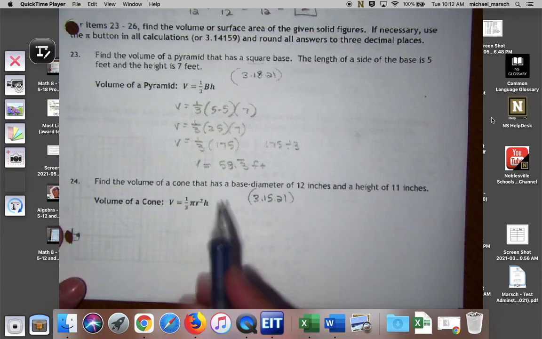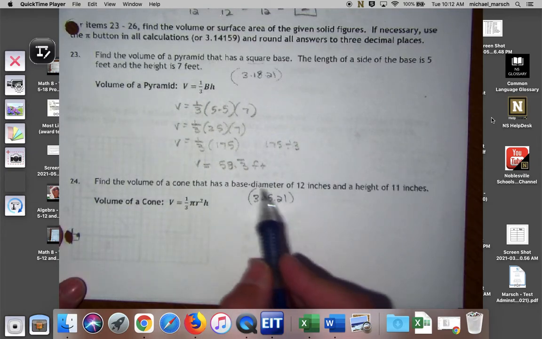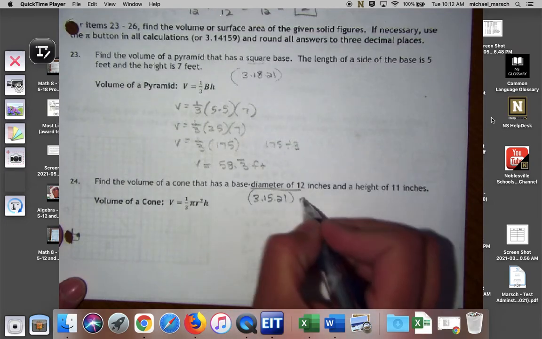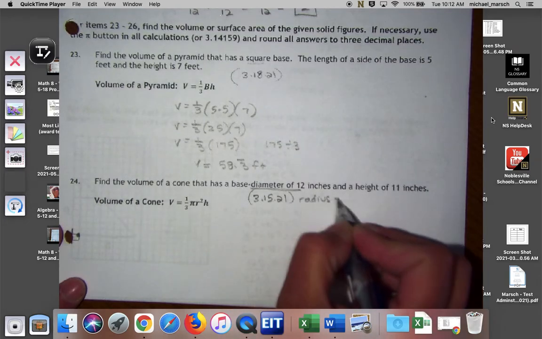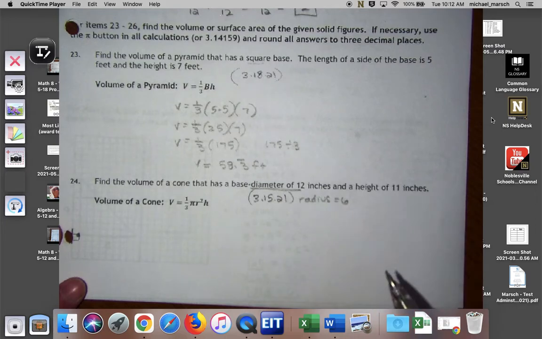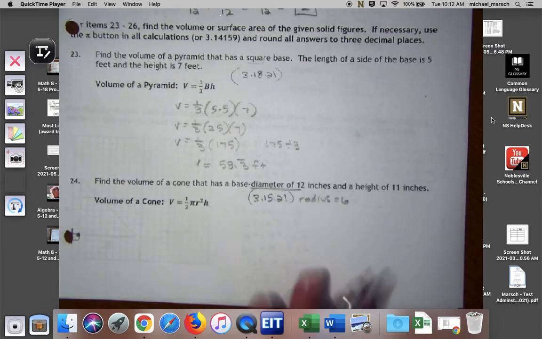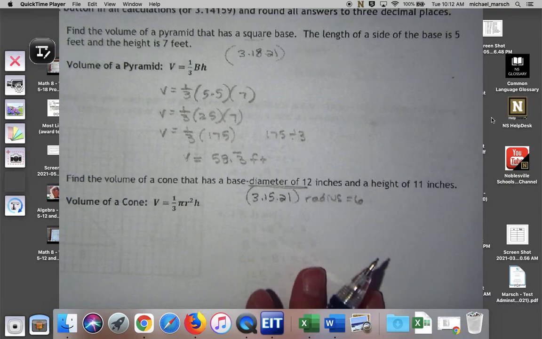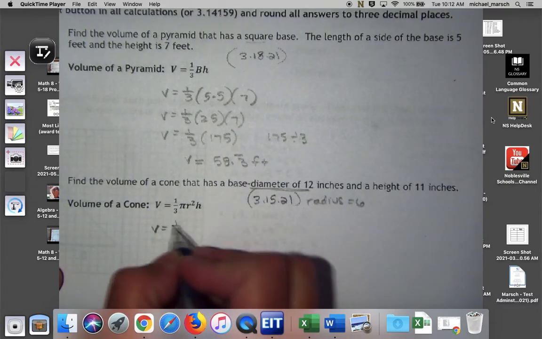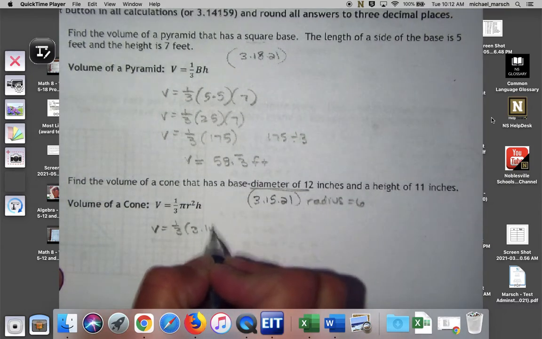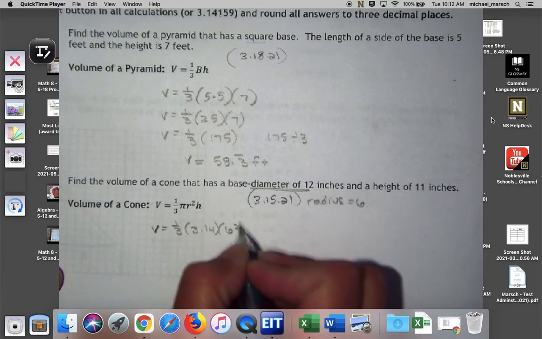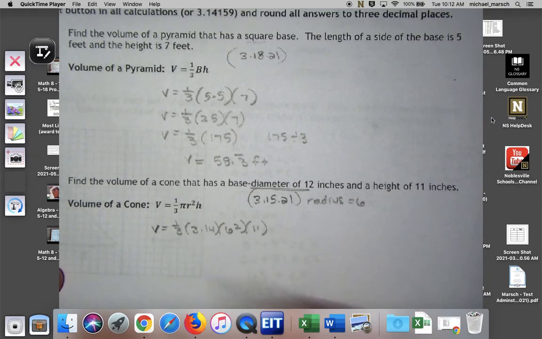Here's our formula. We need to know the radius. It tells us the diameter is 12. So my radius equals 6, and I know the height is 11. So volume equals 1/3 of pi times 6 squared times 11.